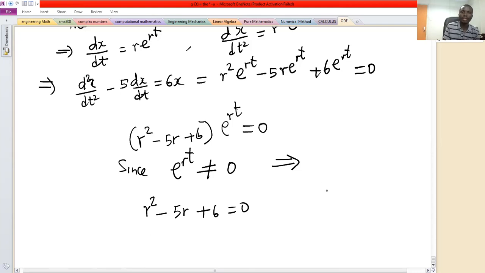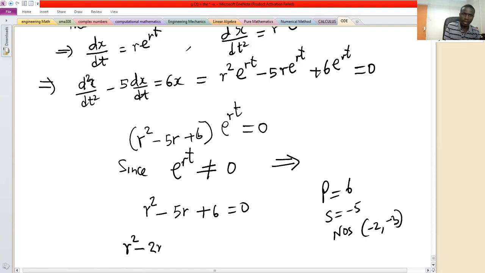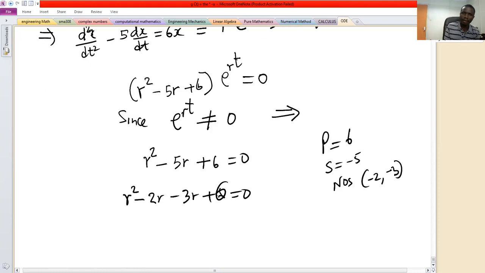And so you solve this quadratic. Product is 6, sum is minus 5, numbers minus 2, minus 3. So this will be r squared minus 2r minus 3r plus 6 equals 0. And then you do pairing.